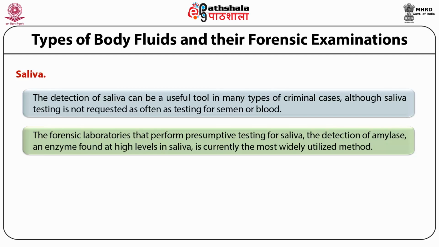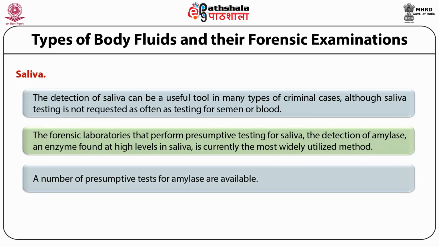Amylase is found in a variety of body fluids but is more concentrated in saliva than in other body fluids. It should be noted that amylase is also found in plants and in some bacteria. In the body, amylase functions to break down starch into smaller molecules. A number of presumptive tests for amylase are available.